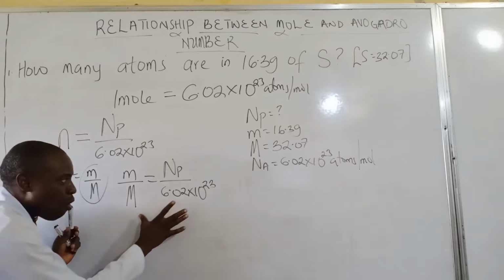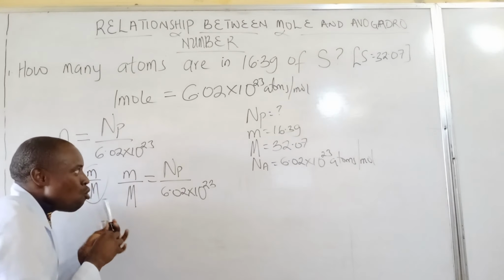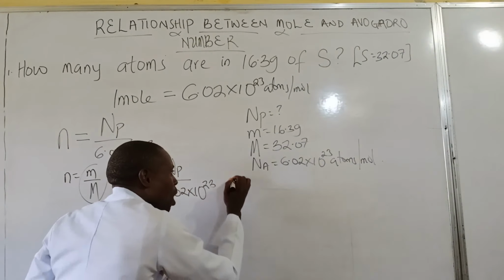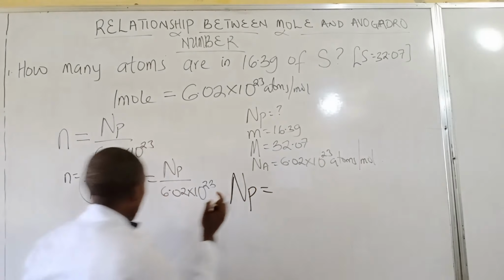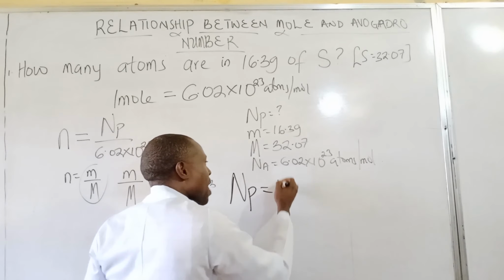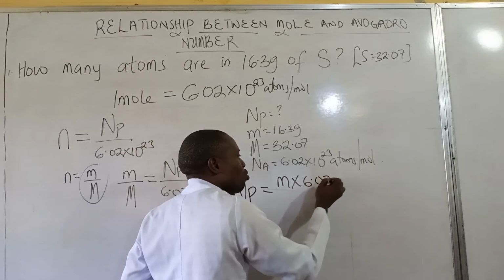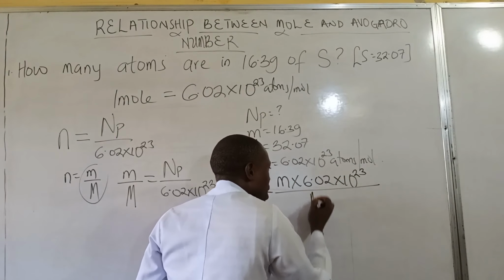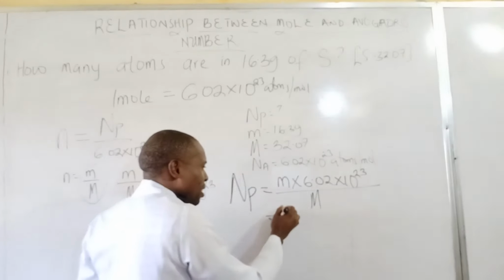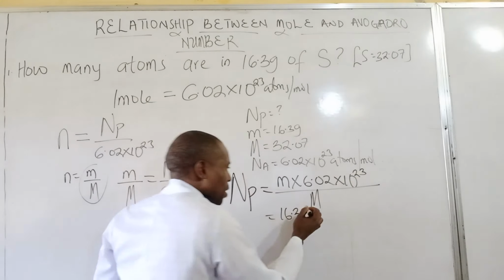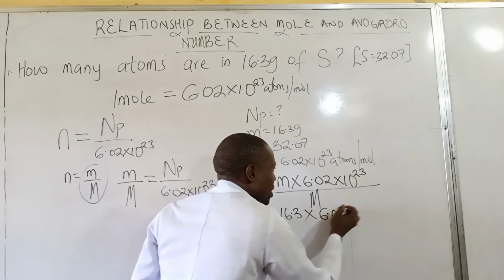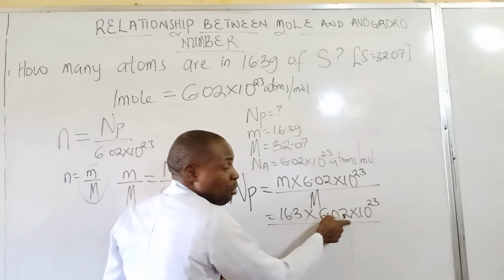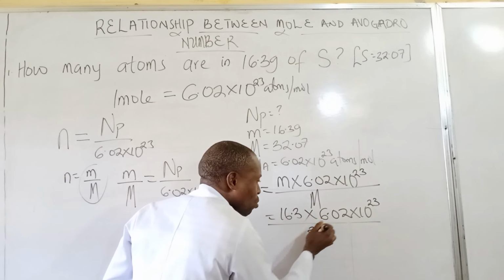From this formula, we make Np the subject of the formula. Np is equal to mass multiplied by 6.02 times 10 raised to the power 23, all over the molar mass. My mass here is 16.3 times Avogadro's constant, all over the molar mass, which is 32.